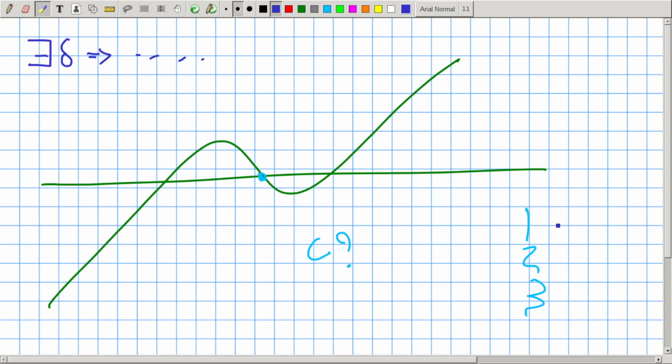Yes, no, or do not know? Yes, why? Because if I take this delta here, my trajectories will converge for any point that I start. This delta here, would it be okay? No. This delta here, would it be okay? Yes, but it's not the biggest one. Which one would be the biggest?